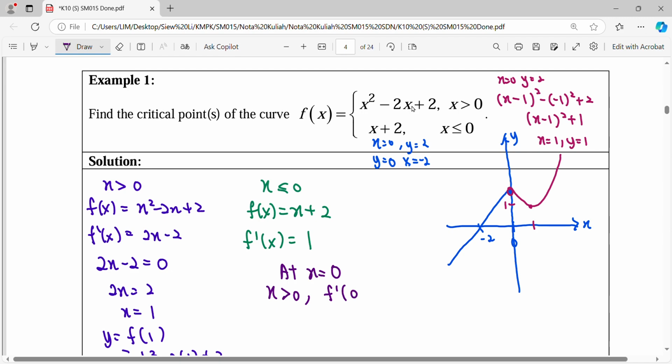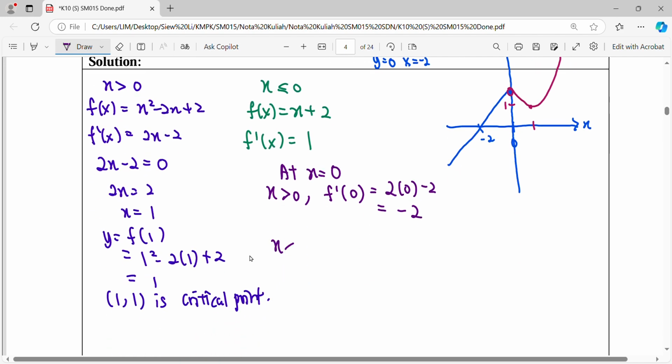So, what is the derivative at the point? Substituted here, it equals -2. And then for x less than 0, the derivative at this point is 1. So, left-hand side, right-hand side, is the derivative the same? Not the same. So, here there is another critical point.